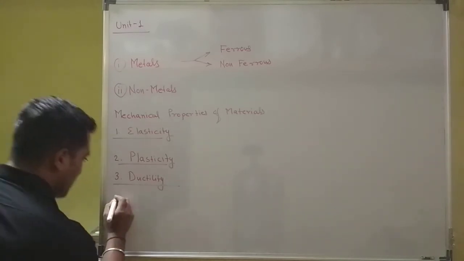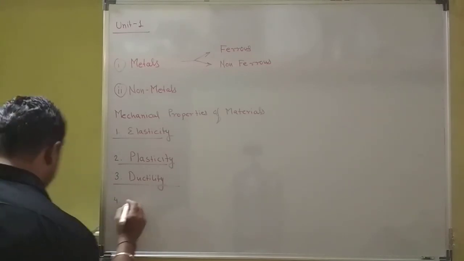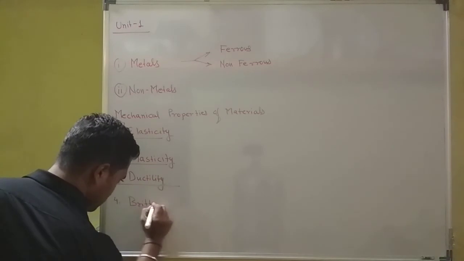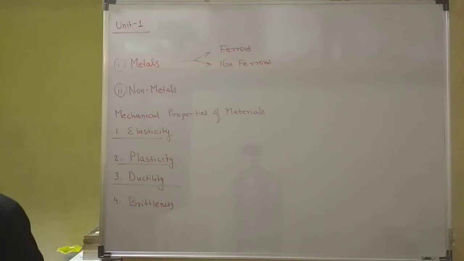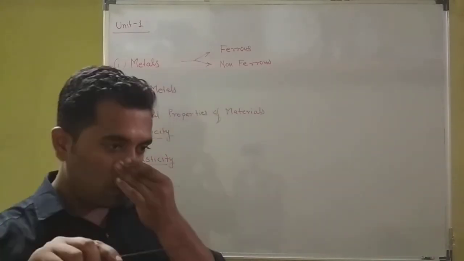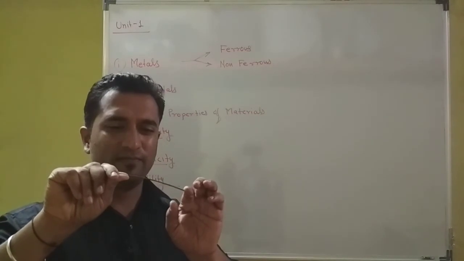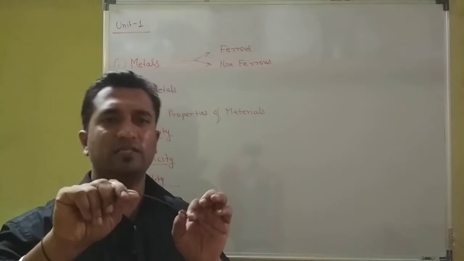To explain this, I have to explain this property also, that is brittleness. Now, what I'll do, I'll take the same rod again. If I apply a load over here within the elastic limit or after elastic limit also, what is happening?